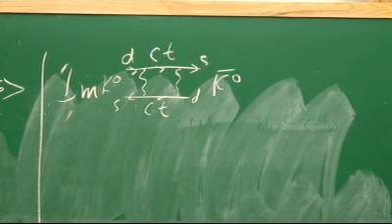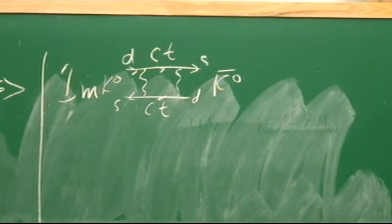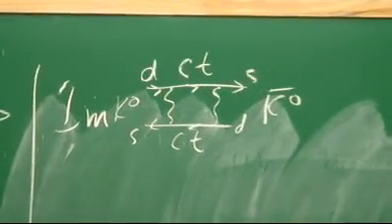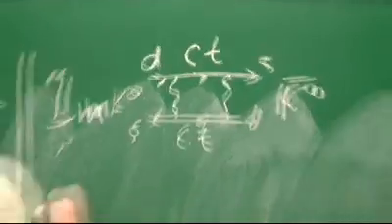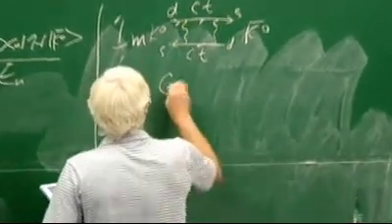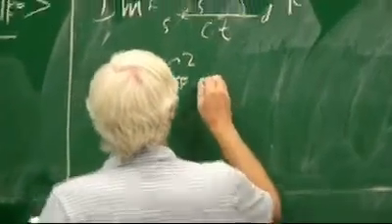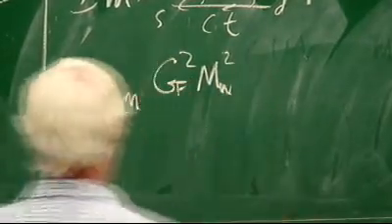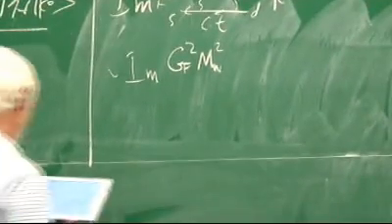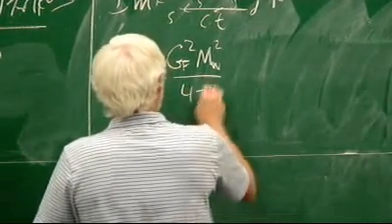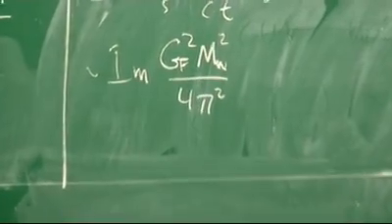Well, I'm going to do the same thing we did with D to S gamma. I'm just going to say, let's pull out some factors that are pretty obvious. It's usually written as G Fermi squared times something, but you can see that it has to have a dimension of 1 over mass. There's a loop, so I put a 1 over 4 pi squared.